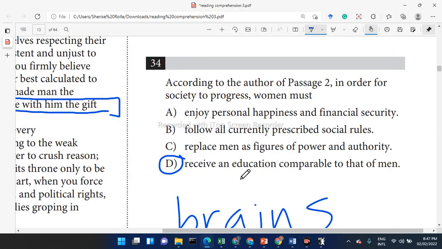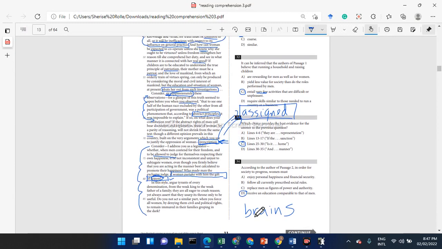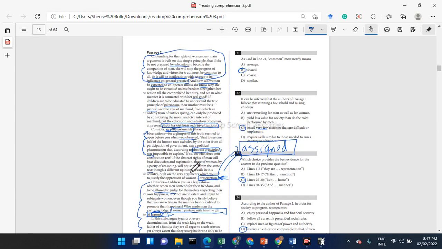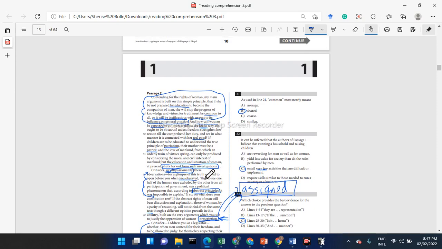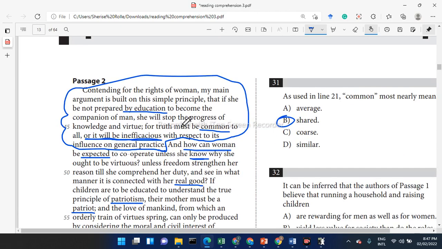Because remember what she said? Right below it too: brains. We discussed it, right? She says, how can a woman be expected to cooperate unless she knows how she ought to be virtuous?